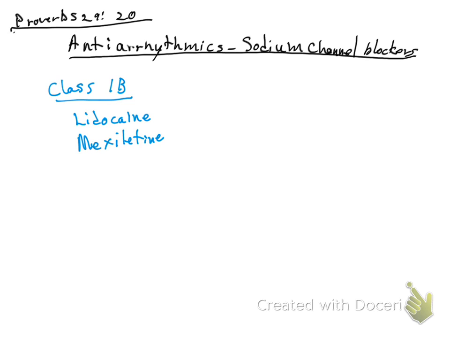What is the mechanism of action of lidocaine and mexiletine, class 1B antiarrhythmics? They decrease your action potential duration, which is different from class 1A, because class 1A increases your action potential duration, but this one decreases it. It is very important to keep that in mind.